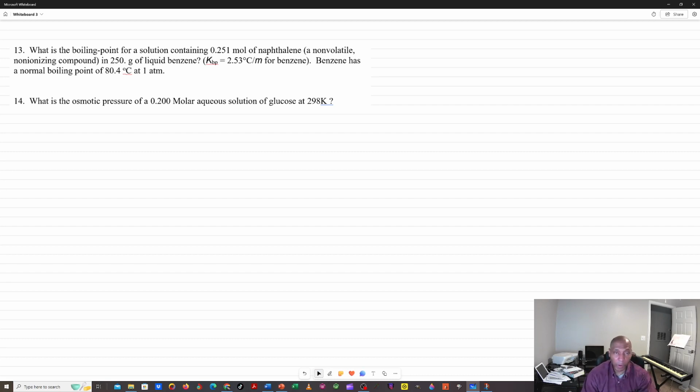Now we have 3 equations that we need to be mindful of. Count them, 3. I know that delta T is going to be equal to the difference in temperatures between the boiling point of my solution minus T of the pure solvent.